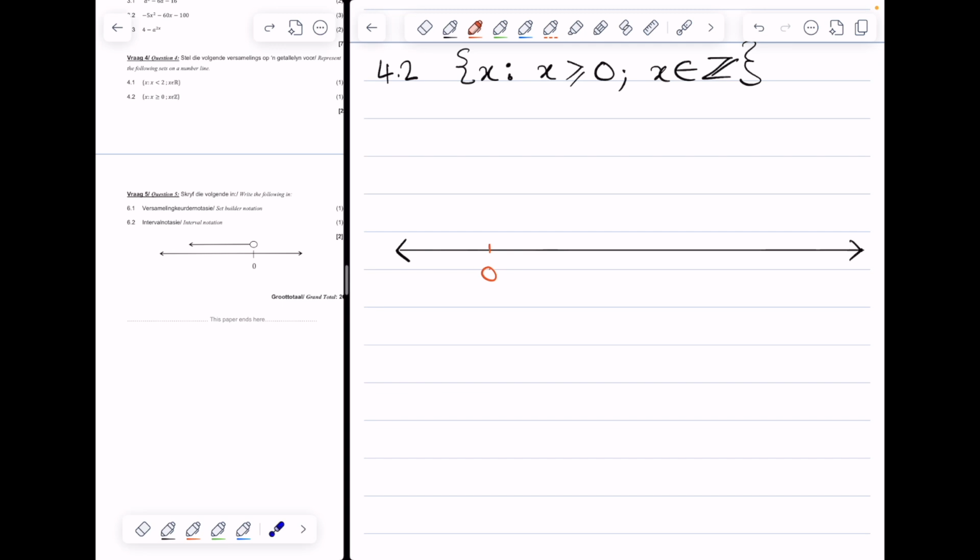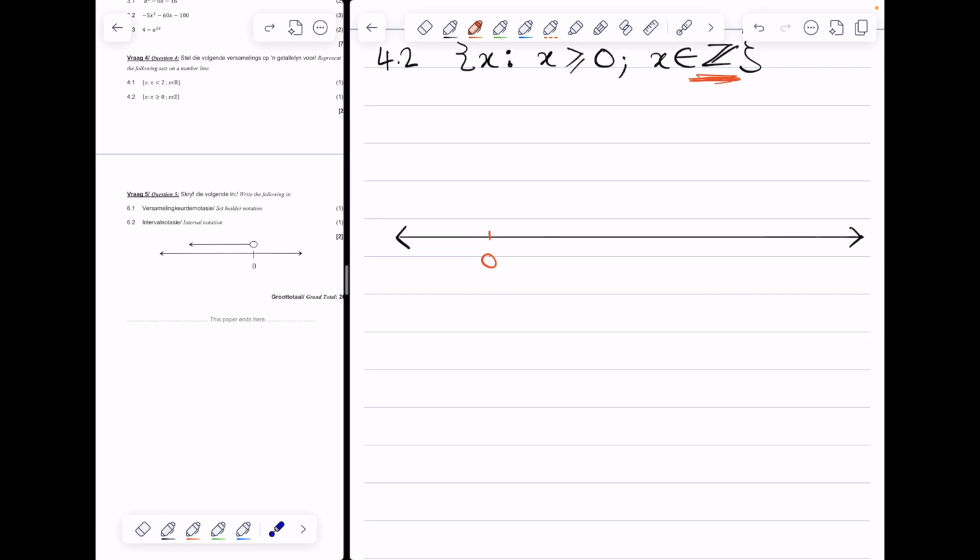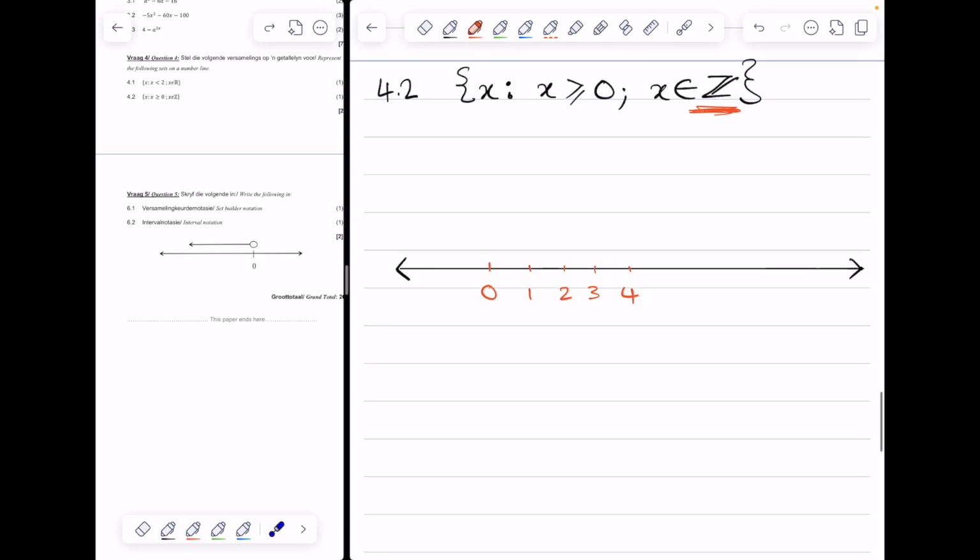Because we're dealing with the family of integers, this restriction means basically everything after 0, up to infinity. Of course we can't include every number on the number line, so we will do the first couple, let's say 1, 2, 3, and 4. That is including 0, so our dots are going to be colored in, or closed circles.